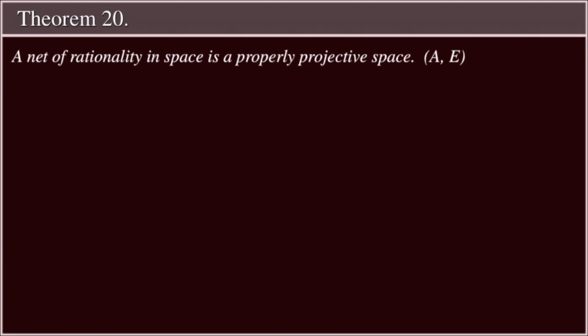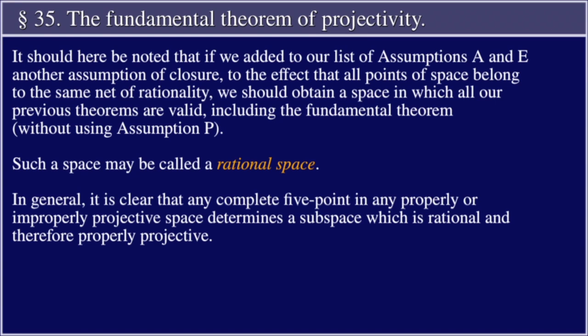A net of rationality in space is a properly projective space. Assumptions A and E. It should here be noted that if we added to our list of assumptions A and E another assumption of closure to the effect that all points of space belong to the same net of rationality, we should obtain a space in which all our previous theorems are valid, including the fundamental theorem, without using assumption P. Such a space may be called a rational space.